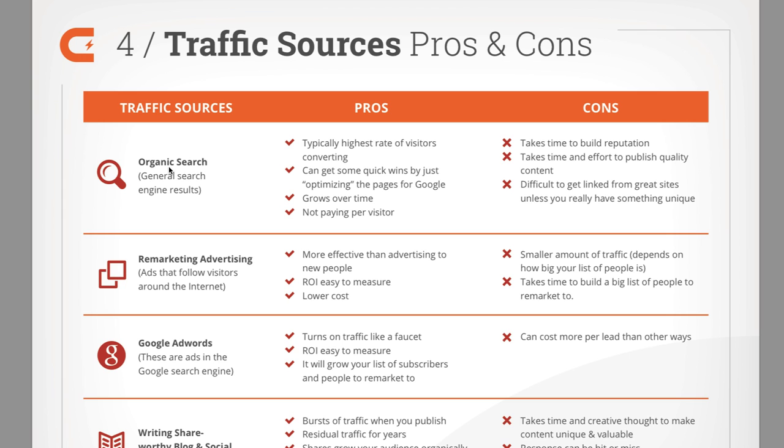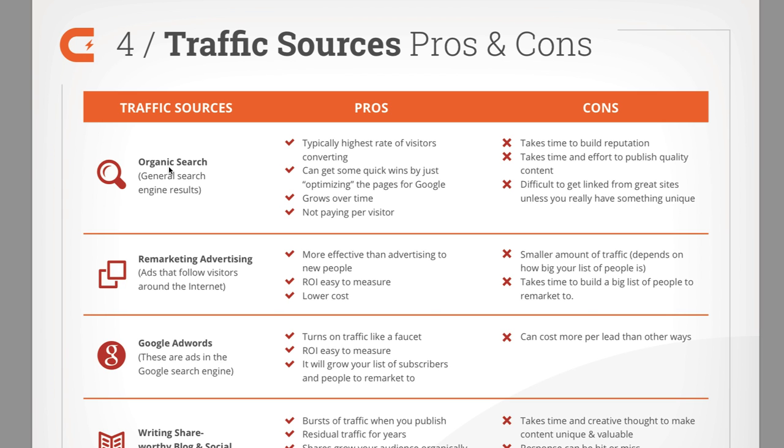So organic search, this would be the regular Google or Yahoo or Bing or some other search engines' listings. It's the stuff that always shows up on the left. It's the regular stuff. It's not the ads. And that's called organic.